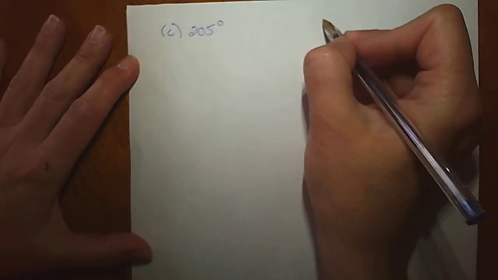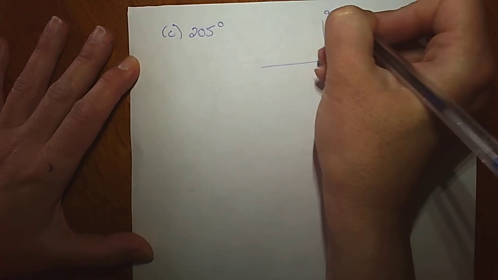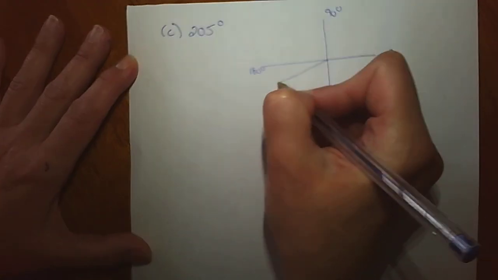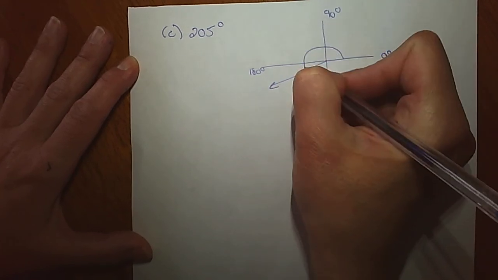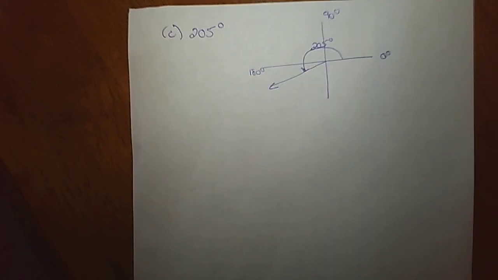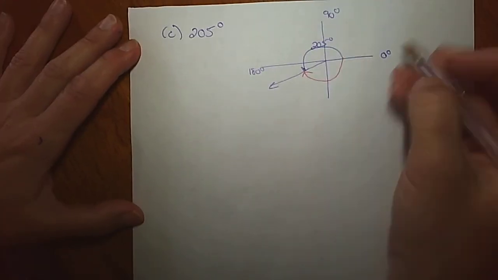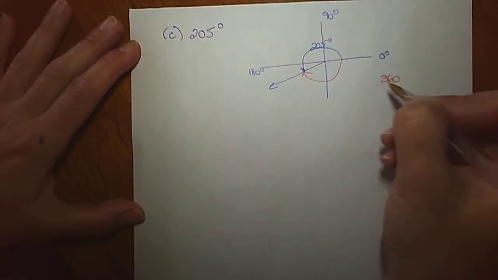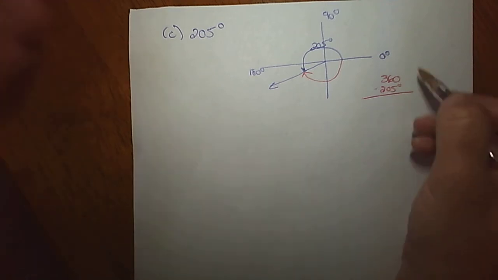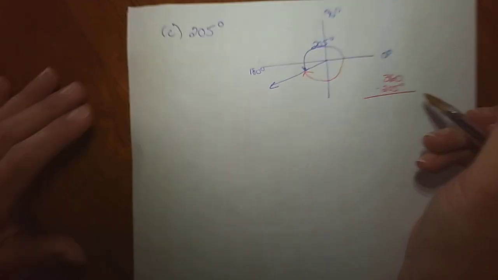I hope you pause me. 90, 180. So 205 is going to be about there, right? From here to here is 205. So the negative angle would be going backwards. And you just subtract from 360. So the trick here, guys, no matter what angle I give you, you're going to subtract from 360 to get one of the answers, and then add 360 to get the other.